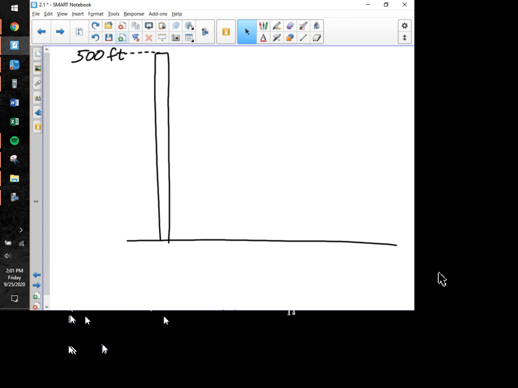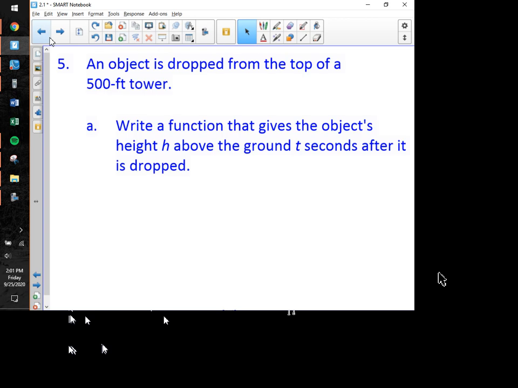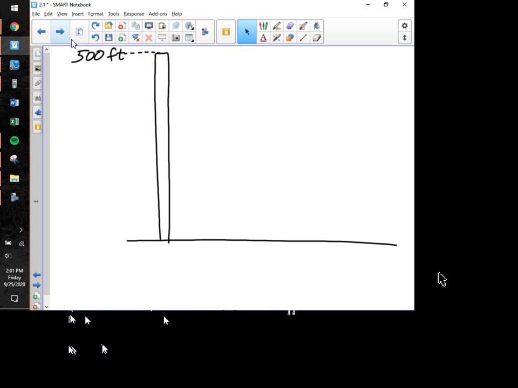Object is dropped from the top of a 500-foot tower. That's really all we have so far. What's going on in A? Write a function that gives the object's height, h, above the ground, t seconds after it is dropped. Okay, so back to our brilliant diagram here. So we've got somebody who's standing right up here. There you go.